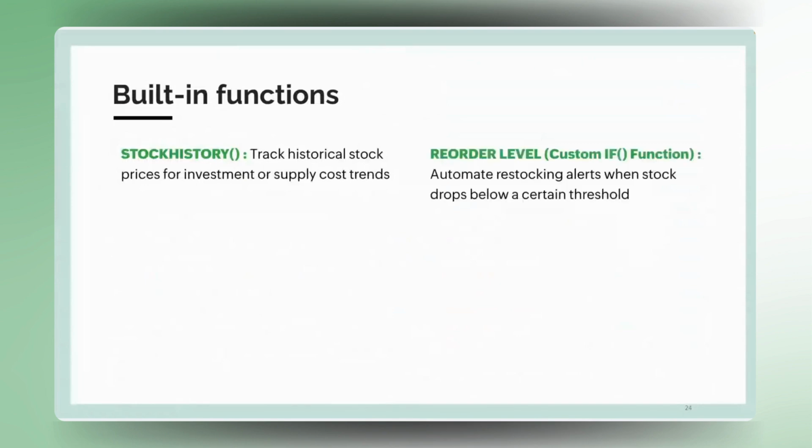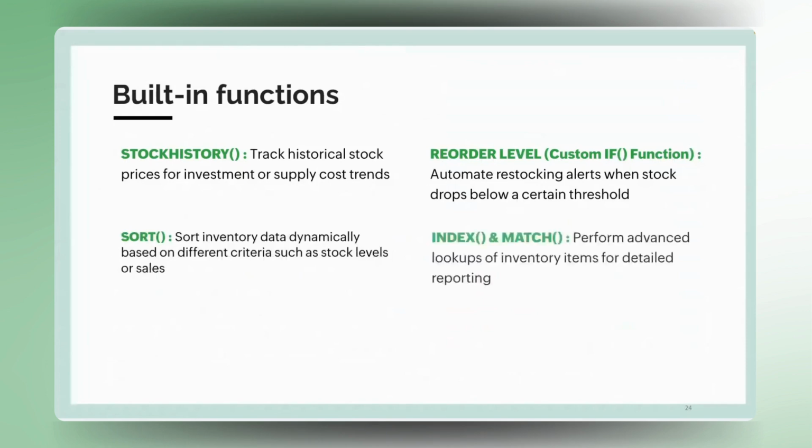You can set up an automated restocking alert when inventory drops below a certain level, so you never run out of stock. Next we have sort. You use it to dynamically sort your inventory data based on stock levels, sales figures, or any other criteria, helping you keep everything organized. Next we have the index and match functions that we have already covered, and also the sumifs and countifs we already saw in the above scenarios.